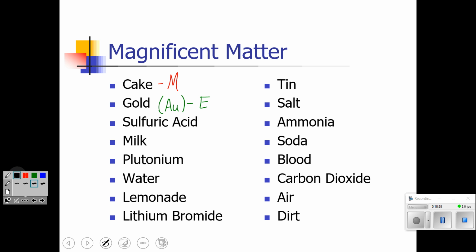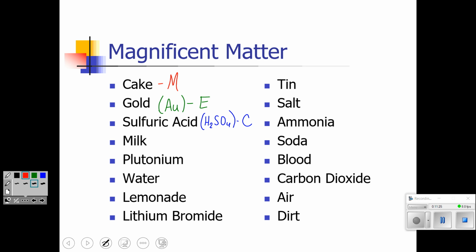Sulfuric acid is a substance that is made up of hydrogens, sulfurs, and oxygens. It is represented by the formula H2SO4. So since it's in a fixed proportion here, where you have 2 parts hydrogen, 1 sulfur, and 4 oxygen, then sulfuric acid is a compound.